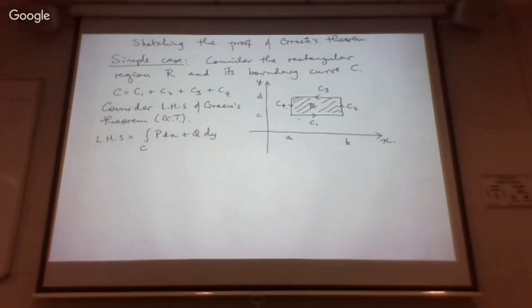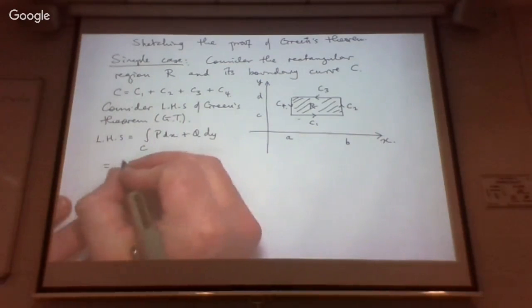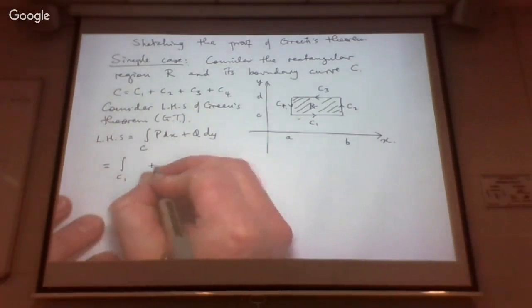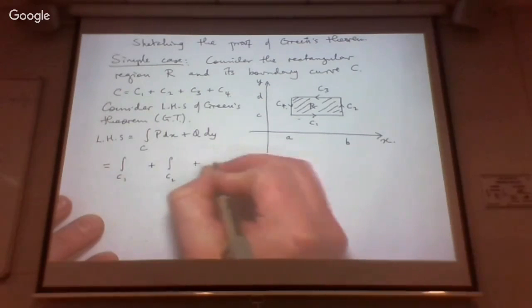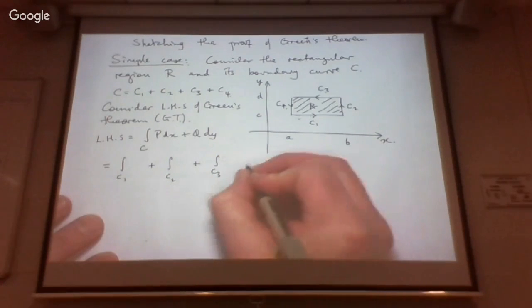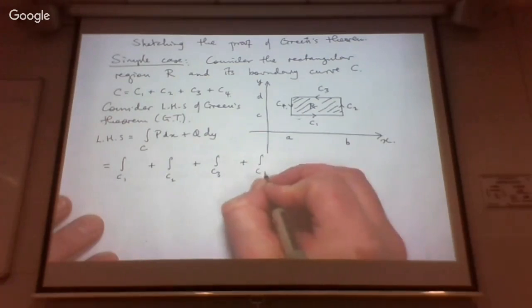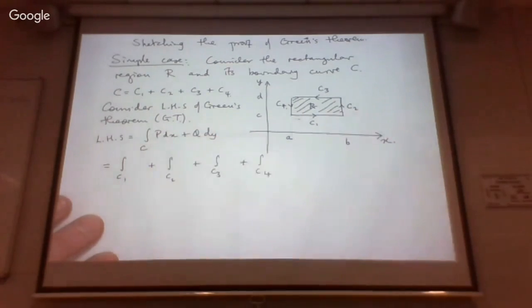The normal way we'd approach such integrals is to split it up as the sum of the four different integrals along each of the sides of the rectangle: C1 plus C2 plus C3 plus the integral along C4. You're integrating the same thing each time.